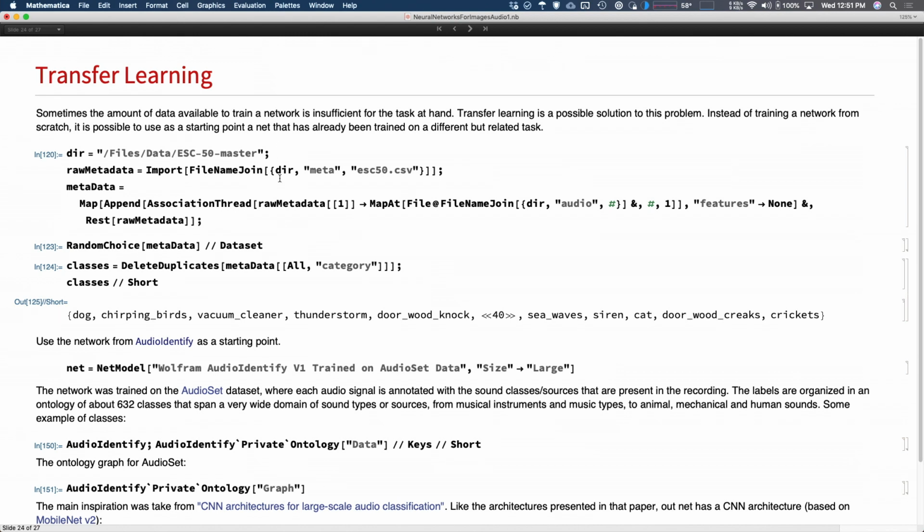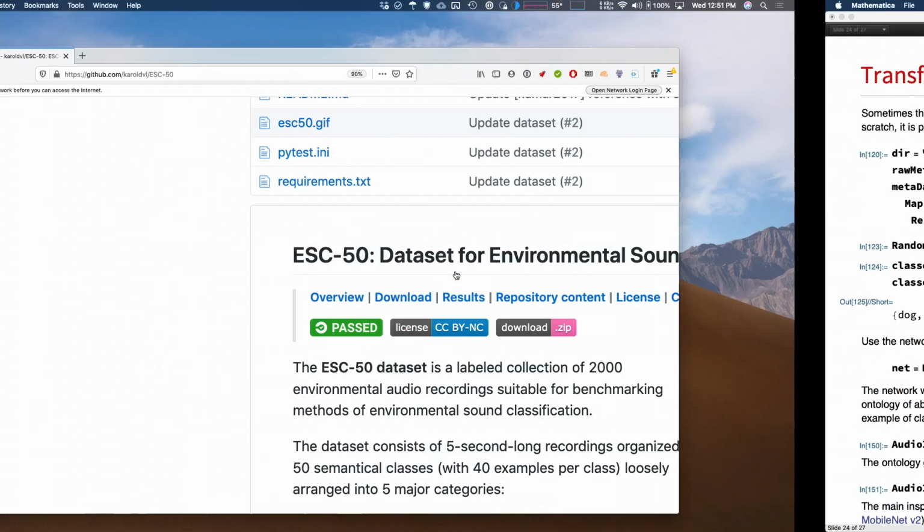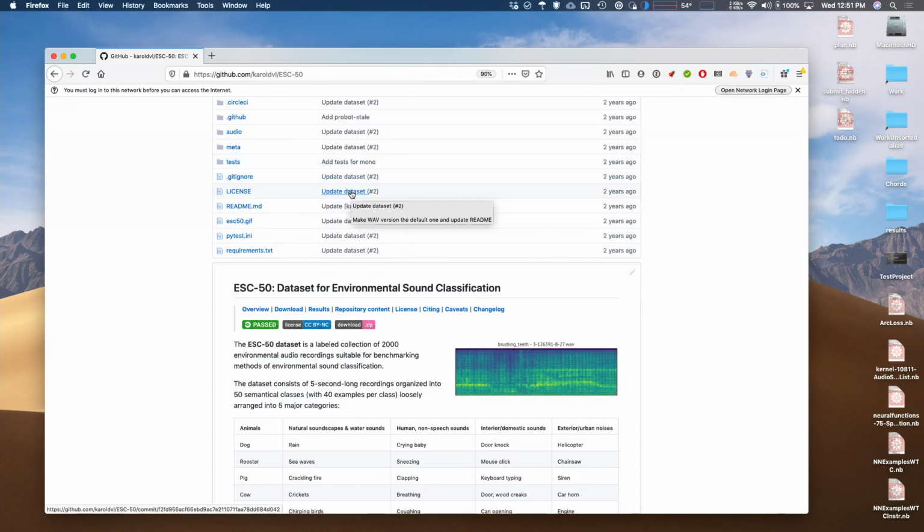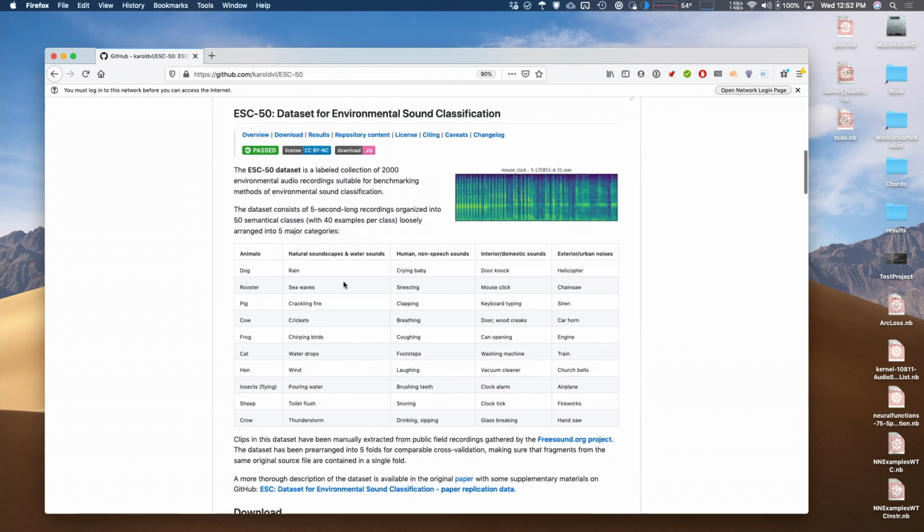In this case, I will be using the ESC50 dataset, which holds a bunch of environmental sounds. These are some examples of classes, for example, dogs, roosters, pigs, or soundscapes, or human sounds, or interior sounds, etc., etc.